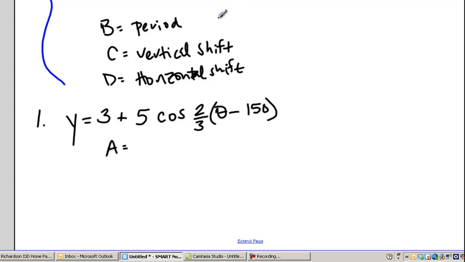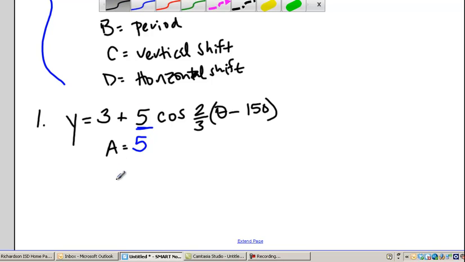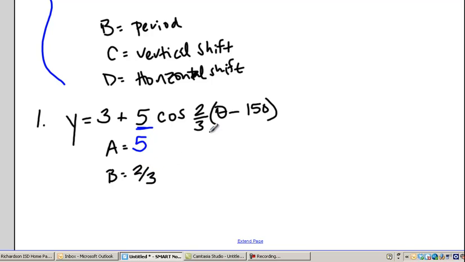All right, A is our amplitude. Our amplitude is the number in front of cosine. So our A is 5. Our B value is 2/3. It's the number that is being multiplied by the theta, okay?